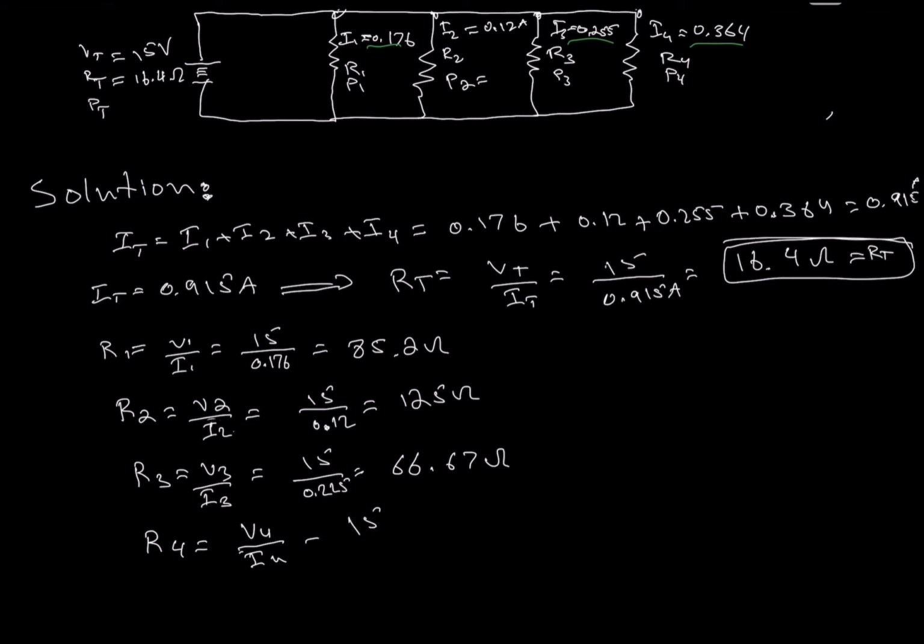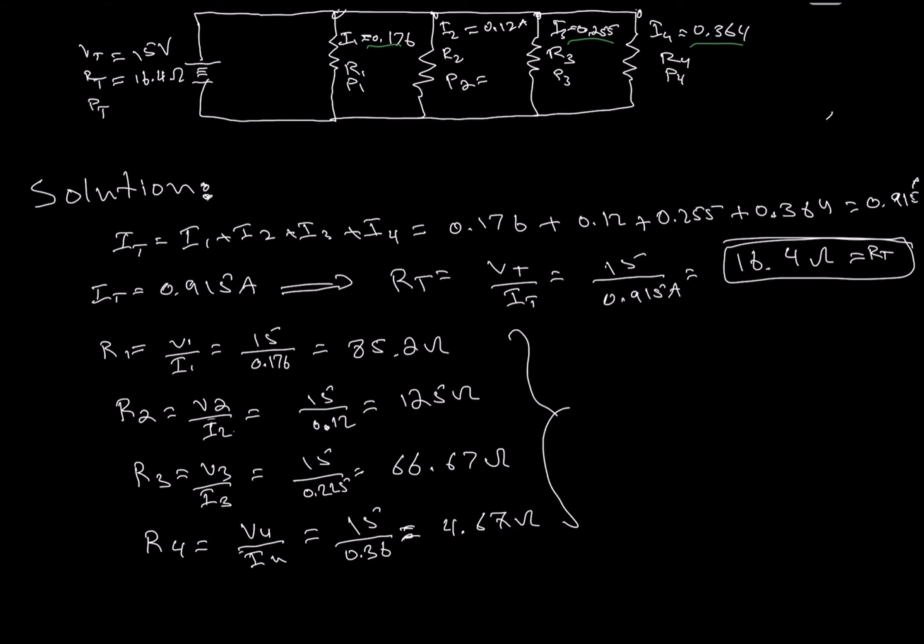V4 is the same as V1, V2, V3, and I4 is 0.364. 15 divided by 0.364 will give me 41.2 ohms.